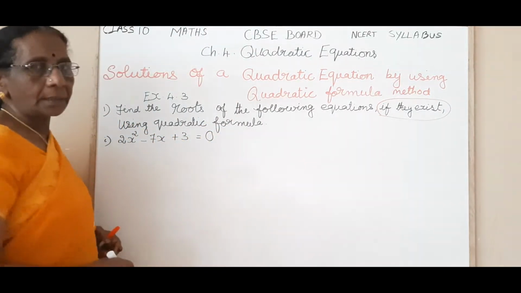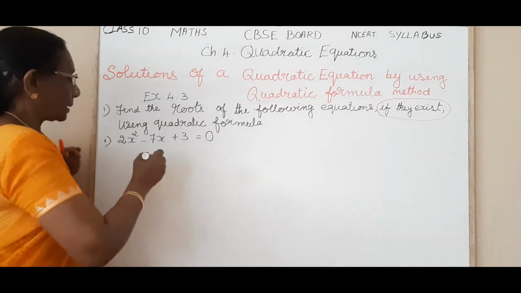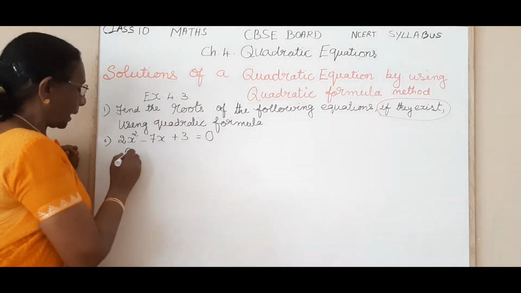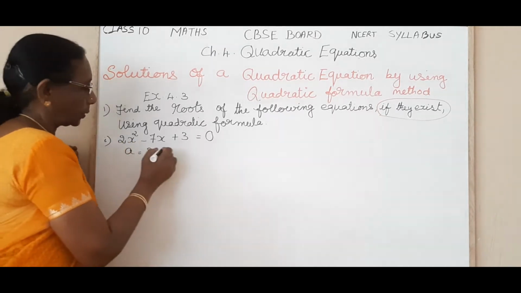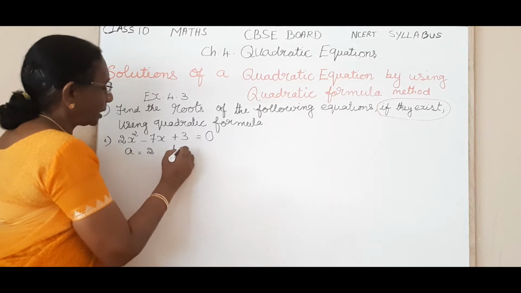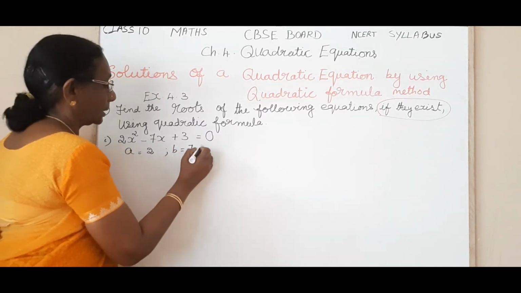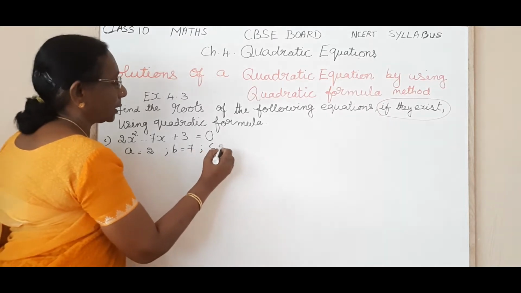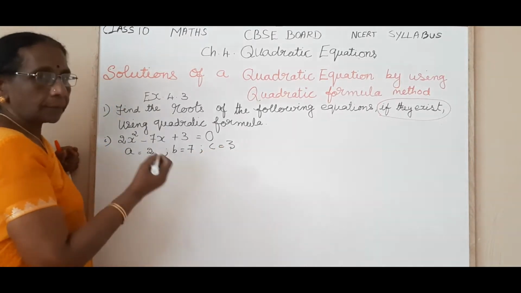So the first step of this sum: you write the values of a, b and c. a is equal to the coefficient of x squared, 2. b is equal to the coefficient of x, which is minus 7. And c is equal to 3. Is it clear? Now you write the formula.